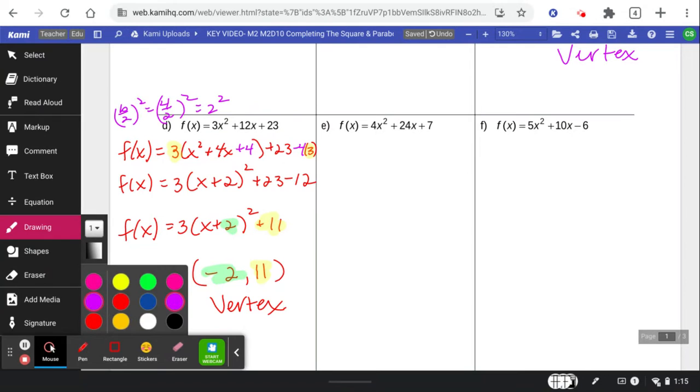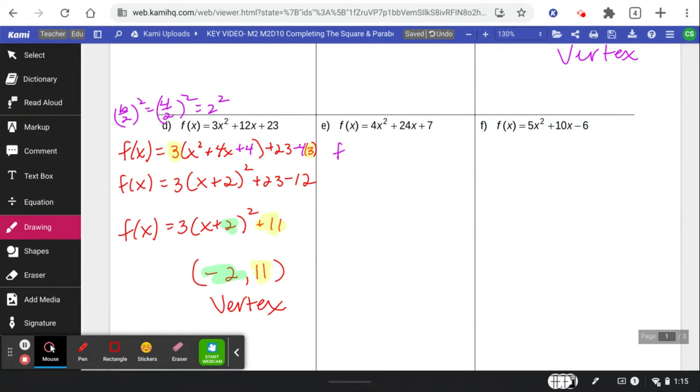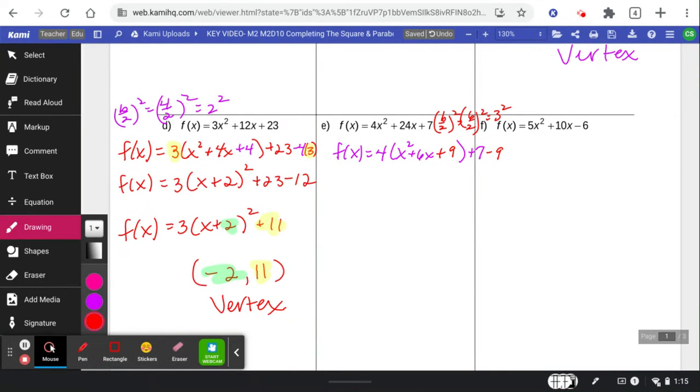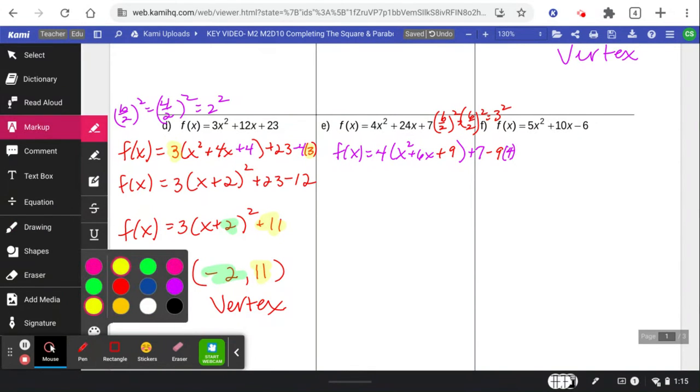Okay, pause the video, try the next one. This one we're dividing out a 4. This time we're going to do the B work on that newly divided 6. So 3 squared is 9. So I'm adding 9 and subtracting 9 4 times. Where does that 4 come from?